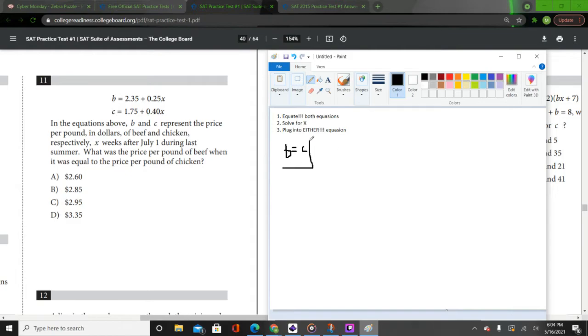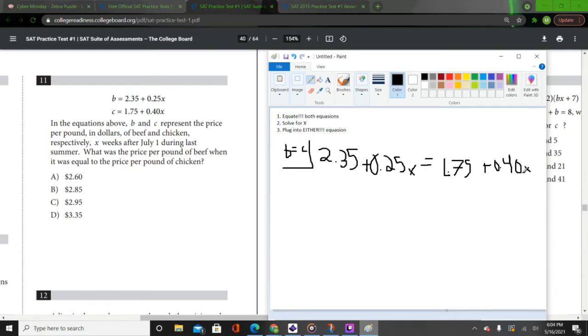We're going to write the equation for b, 2.35 plus 0.25x, is equal to 1.75 plus 0.40x.